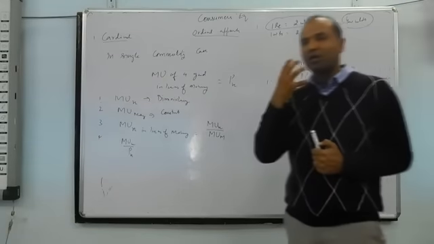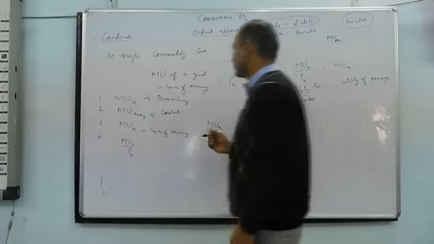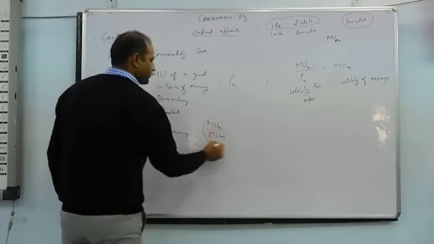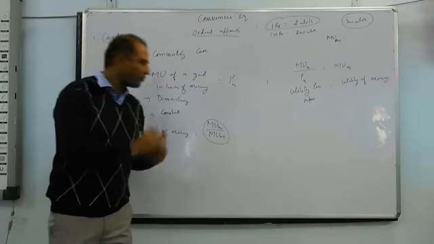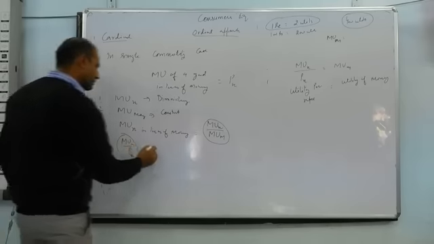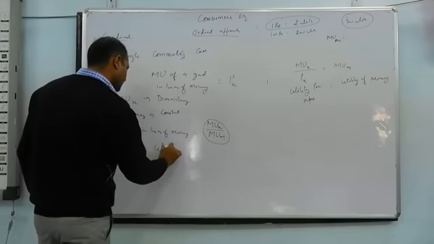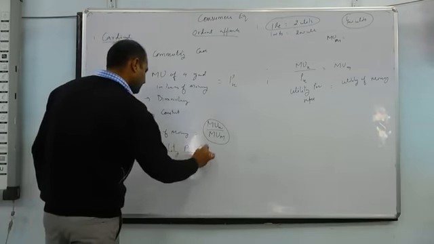How much money we require to obtain that much satisfaction. So we can determine marginal utility of money, marginal utility of good in terms of money. Now what is this? This is utility per rupee.